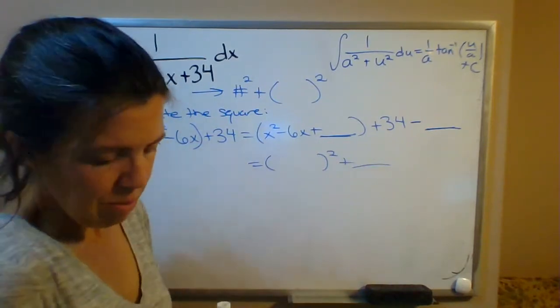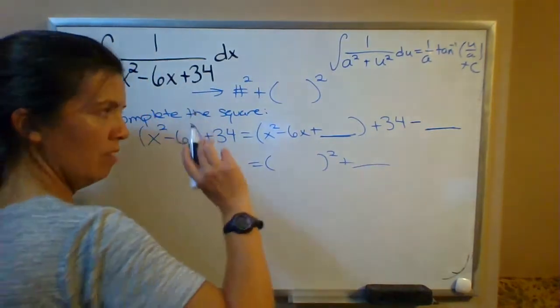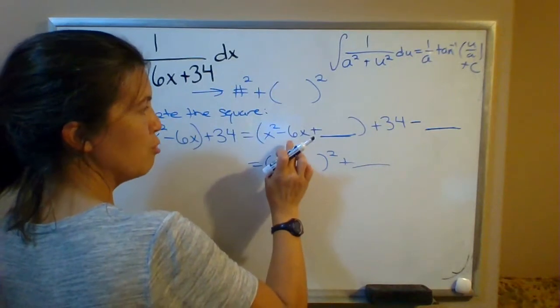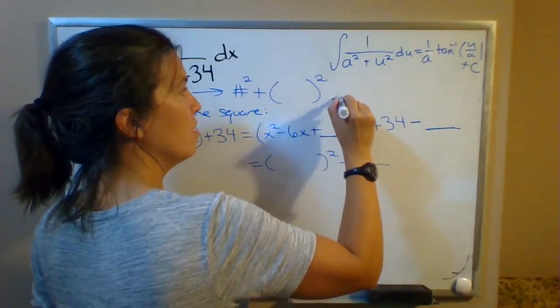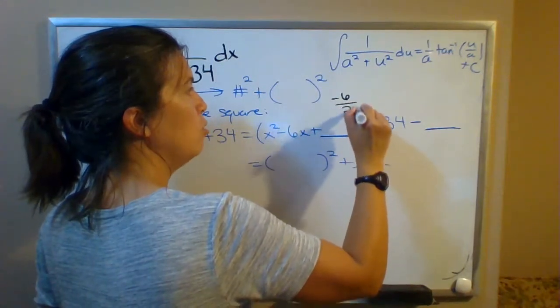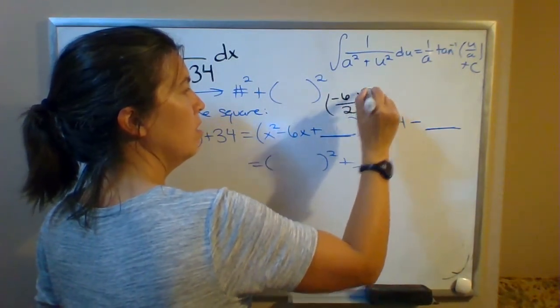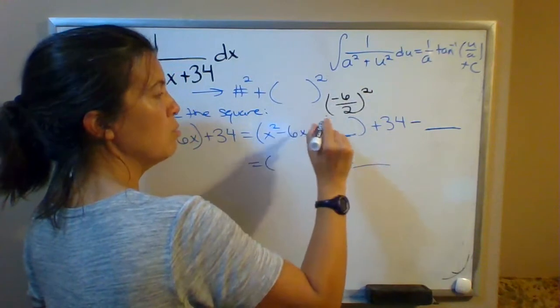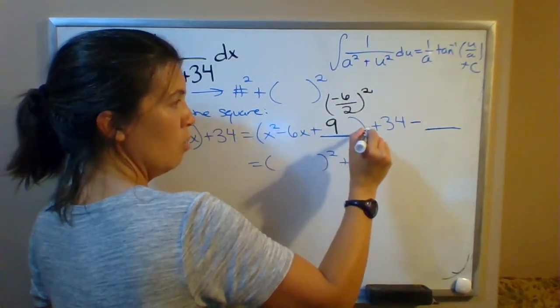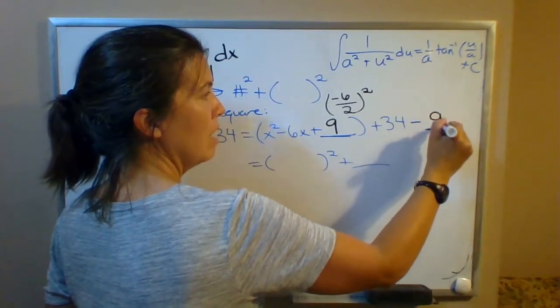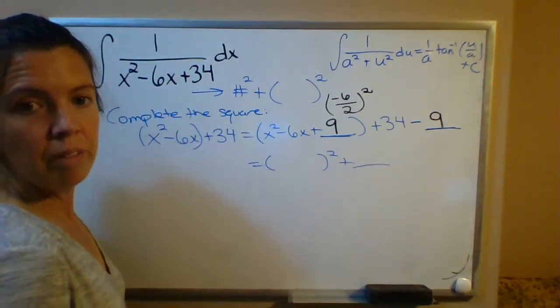Now, to figure out how much to add, take the coefficient of x, in this case negative 6, divide it by 2, and square it. So this will be negative 3 squared, so we need to add 9. And to balance that, I'm going to subtract 9 outside of the parentheses.